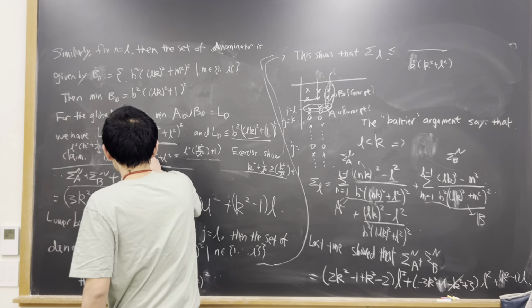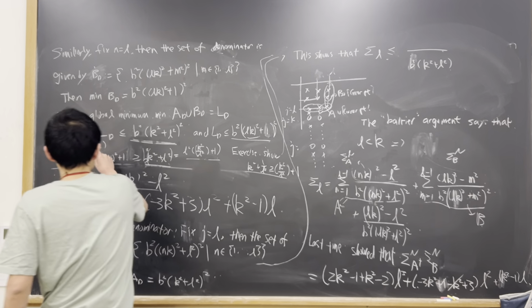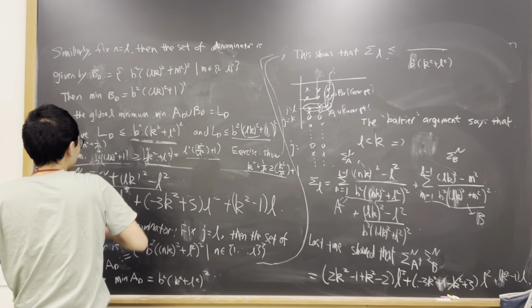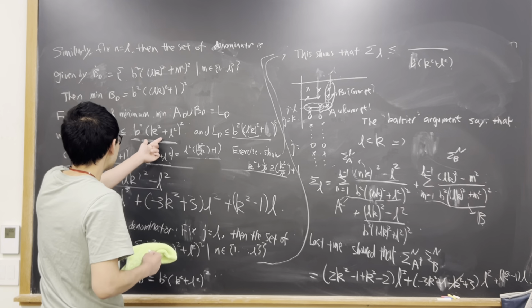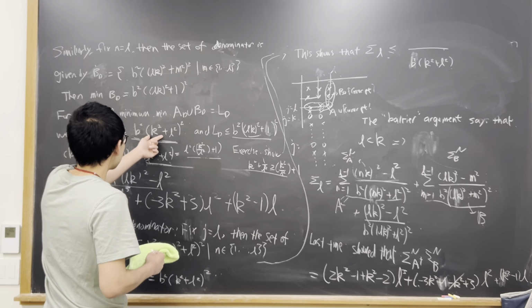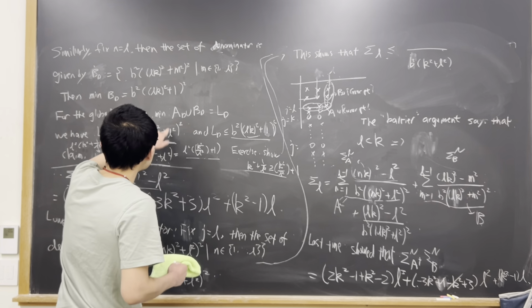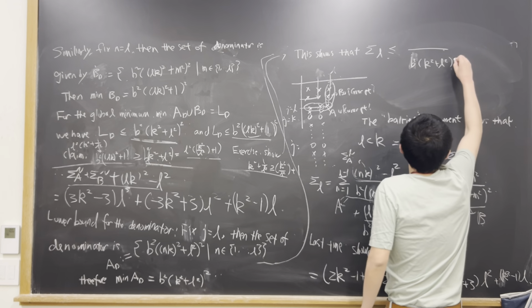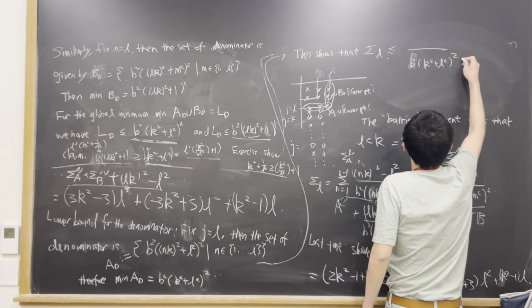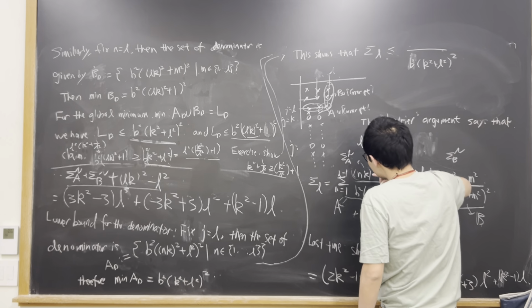So this is b squared, and I also removed the square, because I just compare the inner part of the inner square. So this is squared, and then for the numerator.